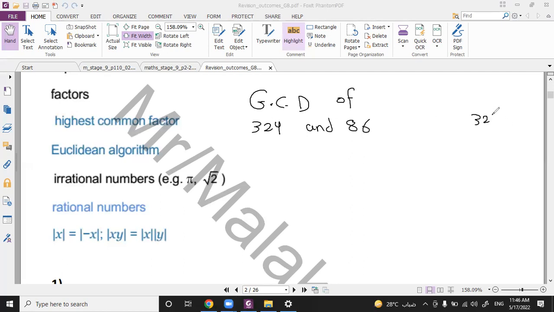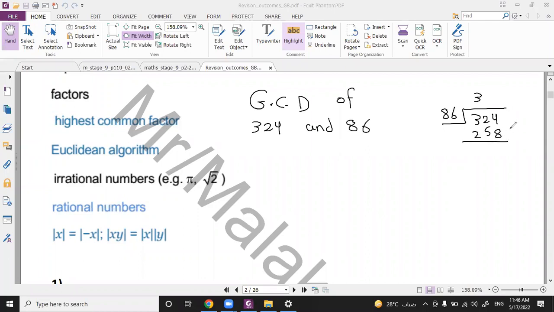It will be 324 divided by 86. Equals what? Equal to 3, and 3 times 86 equals 258.